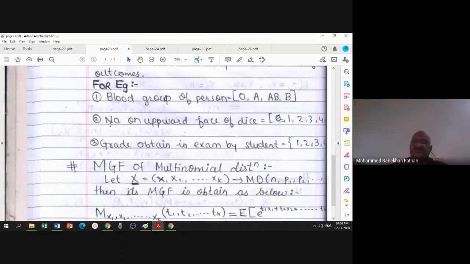Second real life situation is how many dots are on the upward face of a dice. You have a dice, you throw it, it will rest on one face on the top, and you count how many dots are there.